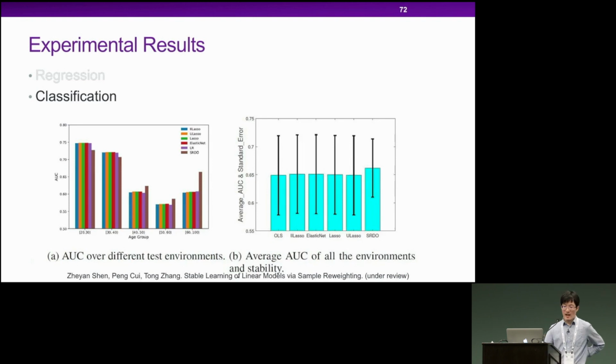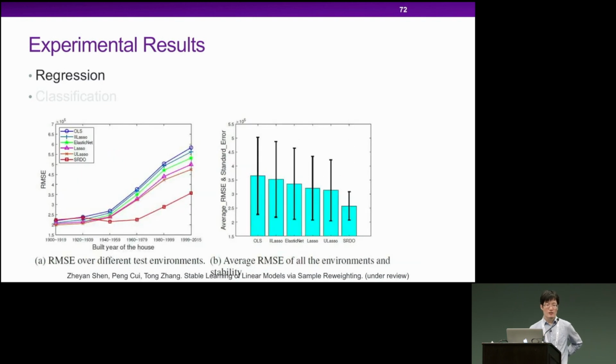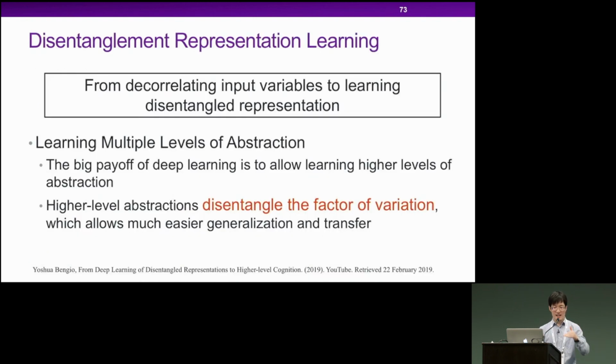So in that work, the basic setting is that we have the input variables, and then we just try to reweight the samples to decorrelate the input variables. But the problem is, sometimes the input variables are not good enough.